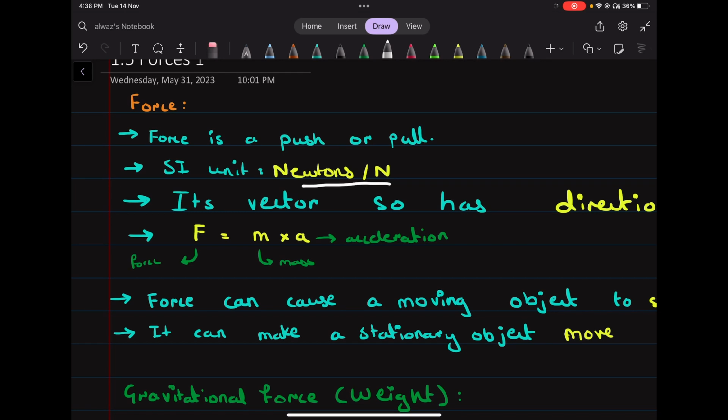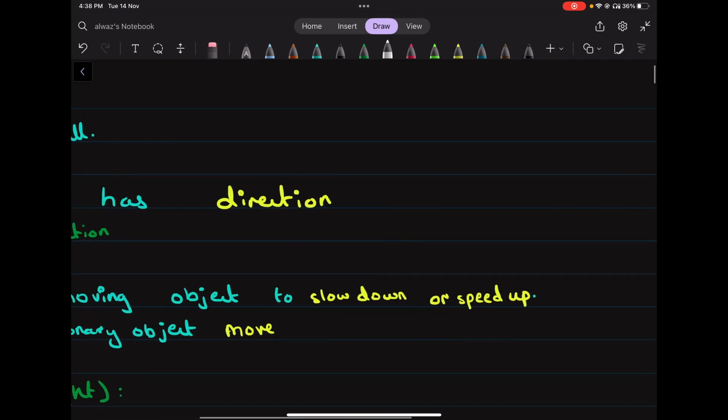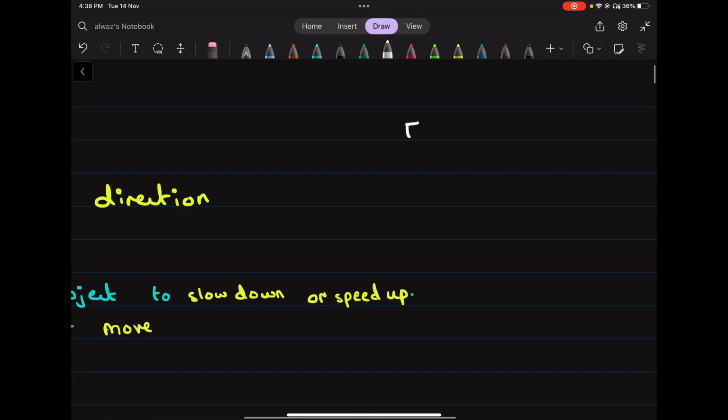The next thing that is very important is the formula for force. Just like we use formulas to calculate velocity, speed or time, we can use a formula to calculate force. The formula for force is F equals m multiplied by a, where m is the mass and a is the acceleration. For example, a person slaps a door.